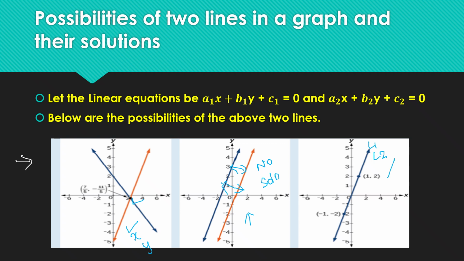It means at every point on these two lines they intersect, so it is going to have infinite solutions. So you cannot define a single solution for this third category. So in a graph sheet you have to consider these three things and find whether your graph is case 1, case 2 or case 3. Among these three cases you can find a solution only for case 1, because that alone intersects at one point, and only then can we find a solution.